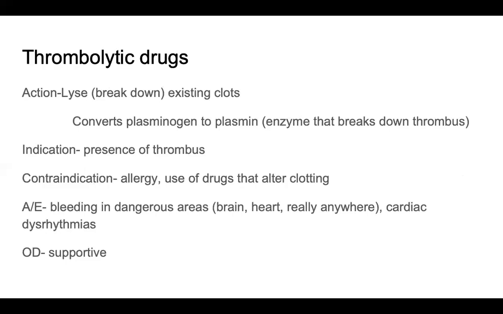So I did not write it in here. Our thrombolytic drugs are TPA. So your book will have that, but TPA, this is going to be our clot buster drug. We call it Activase.